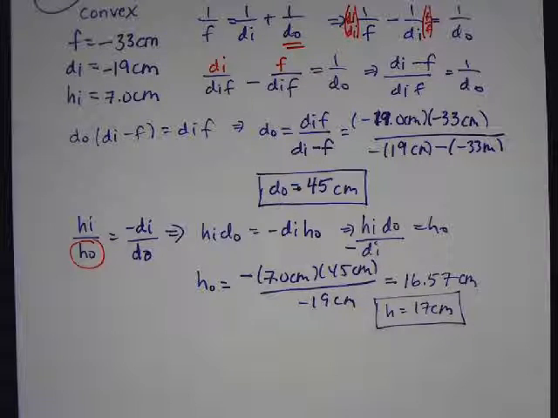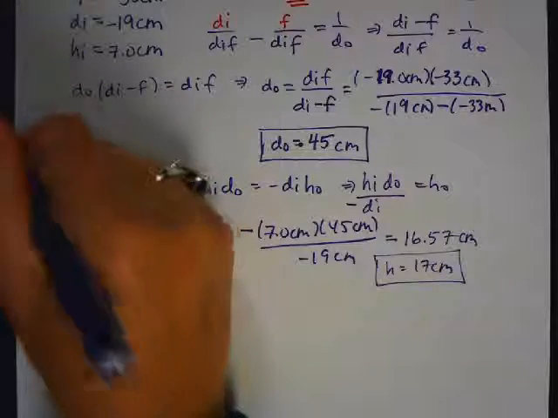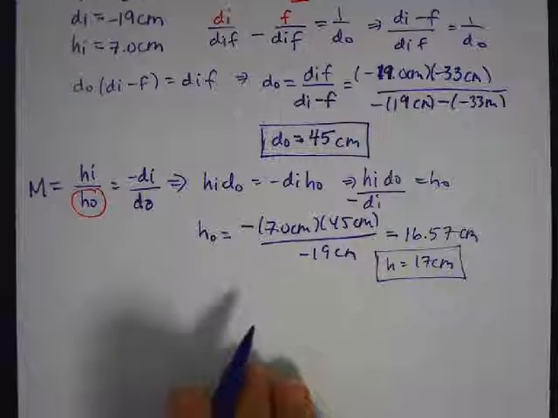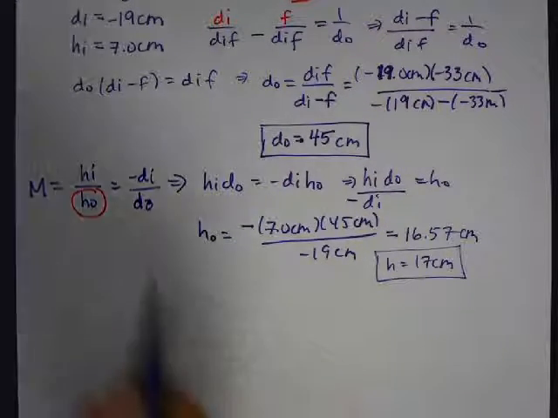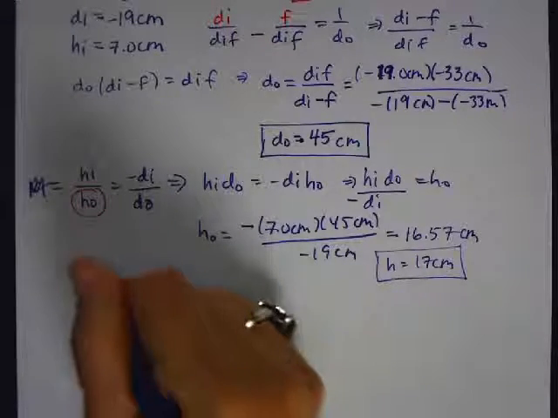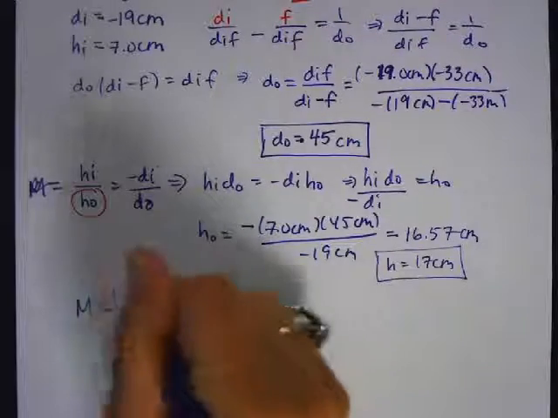So the question was, this is also equal to m, which is the magnification. What else do we have to solve? When they ask what my magnification is, that's the next thing we have to find. So m is negative di over do.